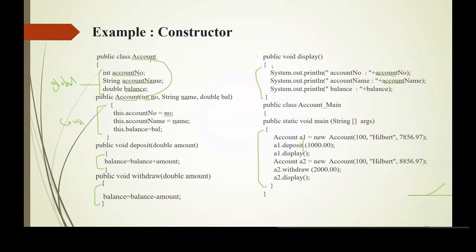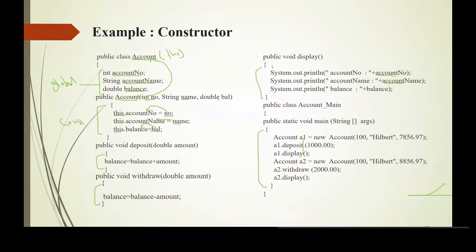It's used to set up the values. So number will be saved into the account number, name will be saved into account name, and balance will be saved into the balance. And we use this, which means account dot, which means the variable. We can use the this keyword, or we can use the class name itself.